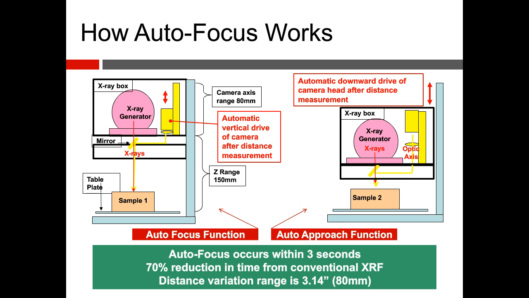And then the other aspect of that is the auto approach, which is actually moving the X-ray head to a certain focal depth so that you are getting consistent readings across the board, even if your depth of measurement varies.